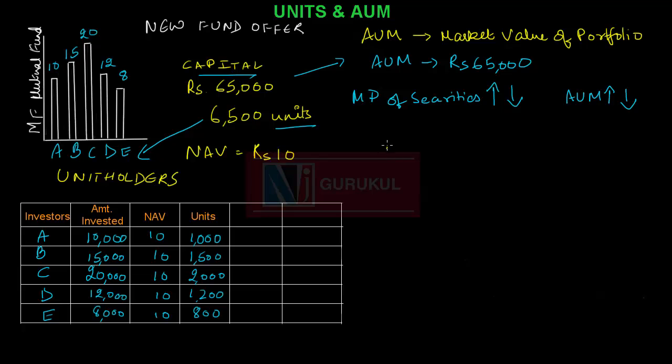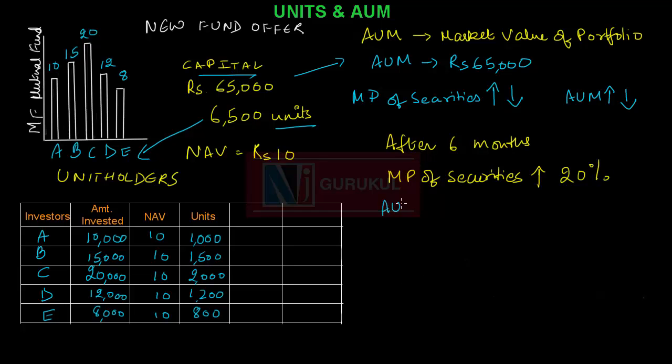Now let's say after 6 months, the market prices of the securities of the portfolio increase by 20%. So what will happen to the AUM? The AUM, which was originally rupees 65,000, will also increase by 20%.